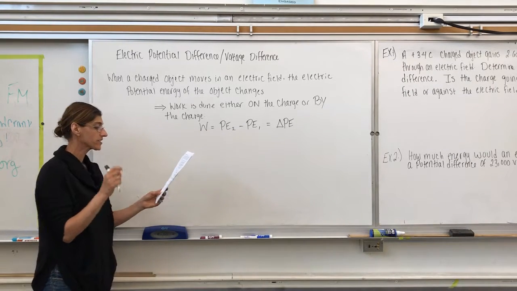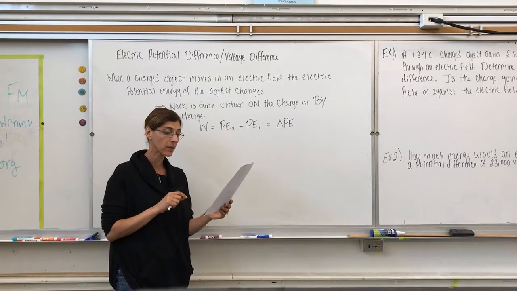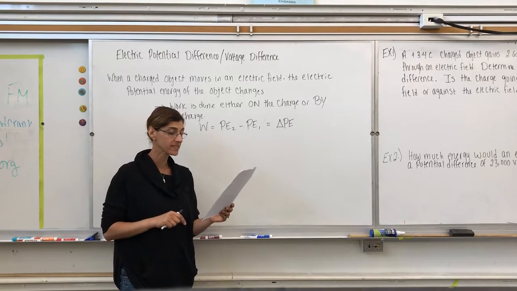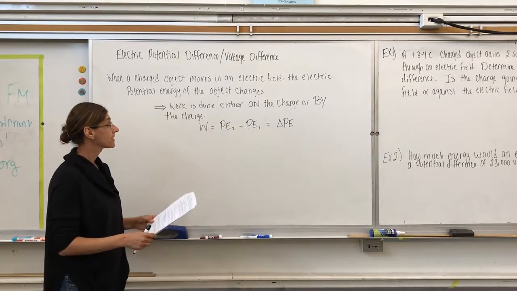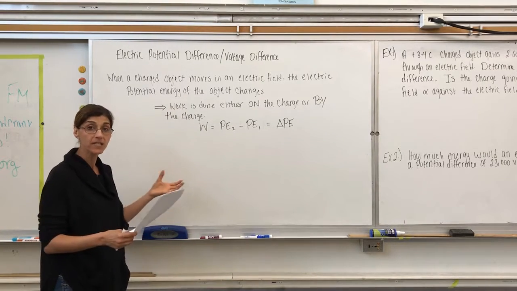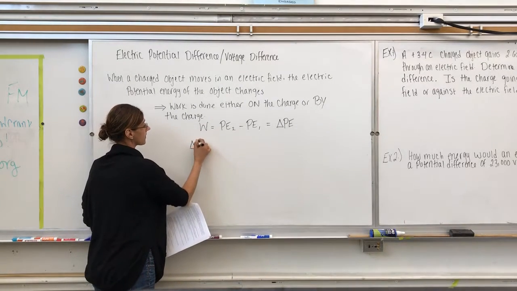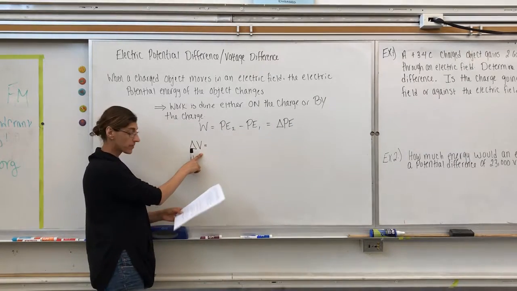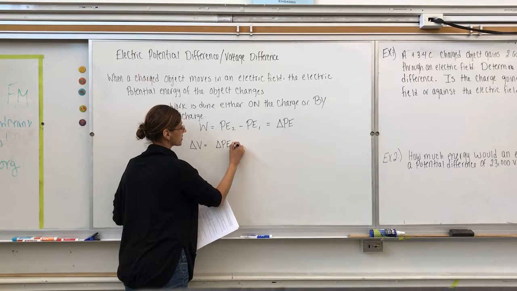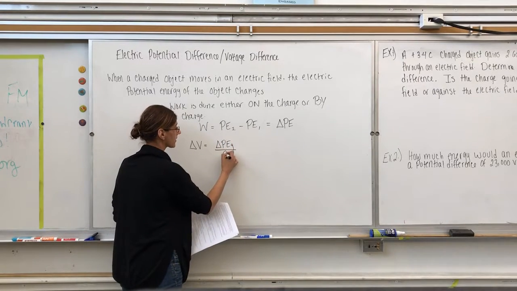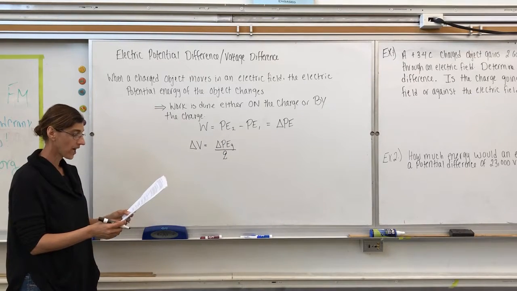This is due to a charged object experiencing a change in electric potential. Remember, electric potential is dependent on where in the electric field the object is, and if you move it, you change its potential energy. So we know electric potential is equal to the change in potential energy over the charge Q. We already got that equation.